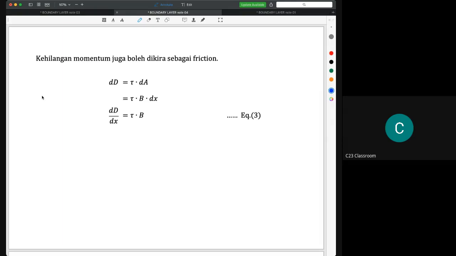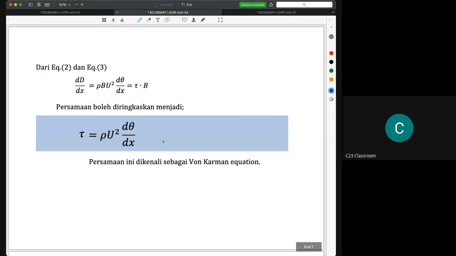So dD over dx equals tau b. Then equating equation 2 and equation 3, we have dD over dx equal to rho b u square d theta dx, and it is equal to tau b. Here we could cancel the value of b, which means that even if we don't know the width of the plate, we can still calculate the drag force later on.